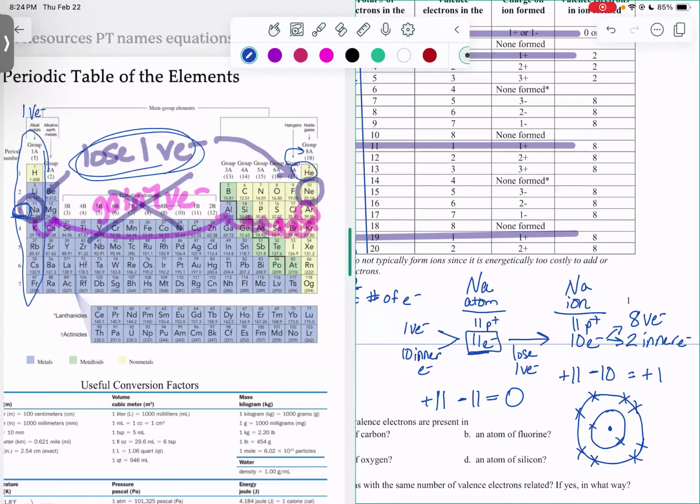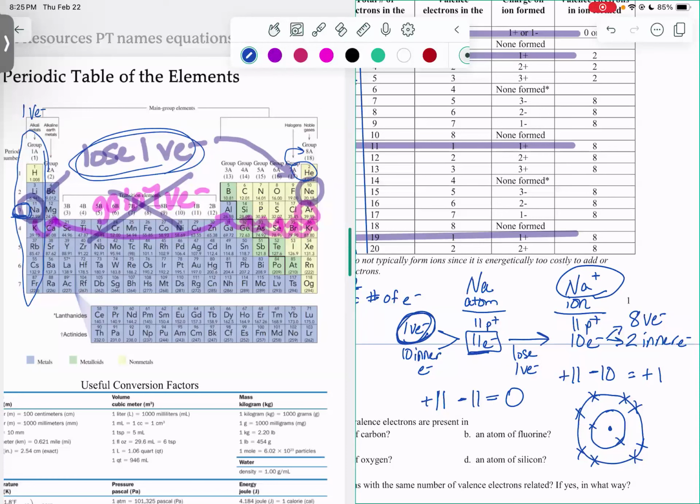So when I look at sodium ion, I give it this symbol. I put the symbol with the positive sign up high. This is all of the concepts that you have to understand about what happens when atoms convert to ions. They're always going to have some number of valence electrons that is not equal to 8.